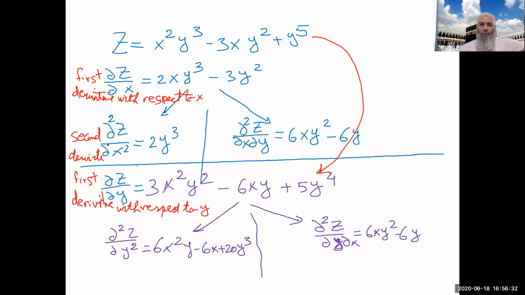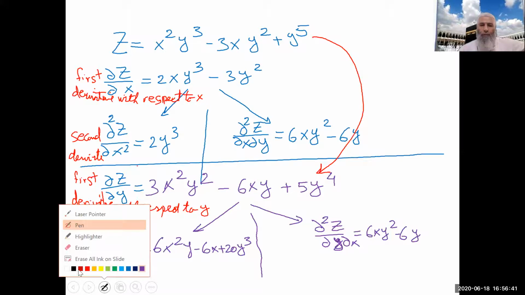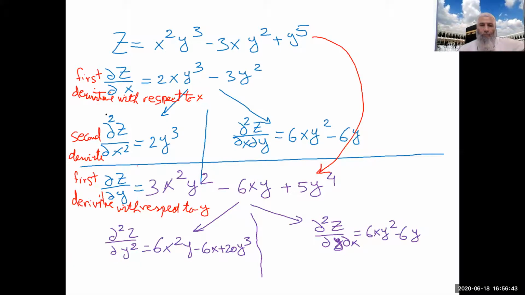So they say here that this is, like, if I write it in this color, maybe. So they said that this is f of xx, this is f of xy, this is f of yy, and this is f of yx.